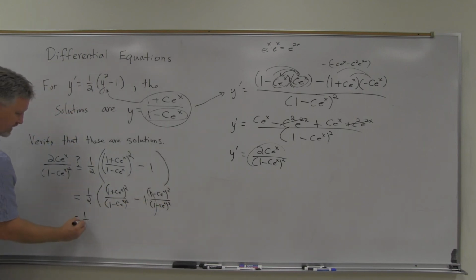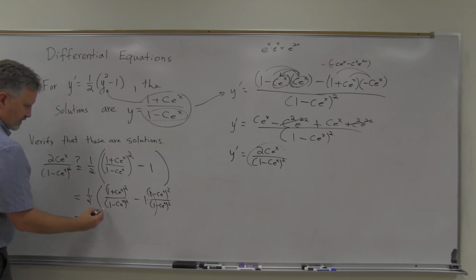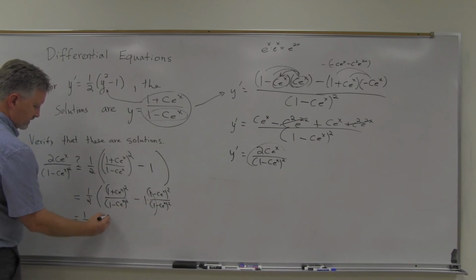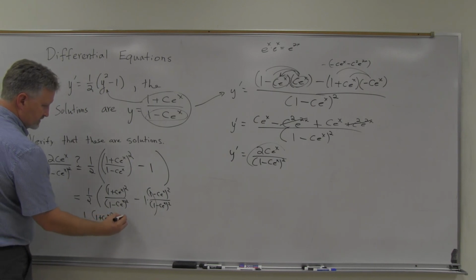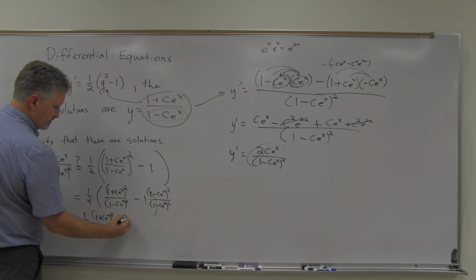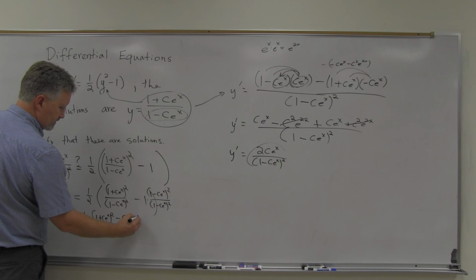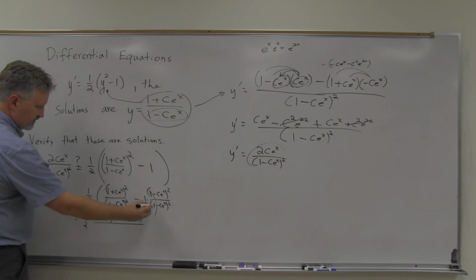So that would be 1/2. Then I have a common denominator, so it's 1 plus c e to the x squared minus 1 times 1 minus c e to the x squared, over the common denominator.